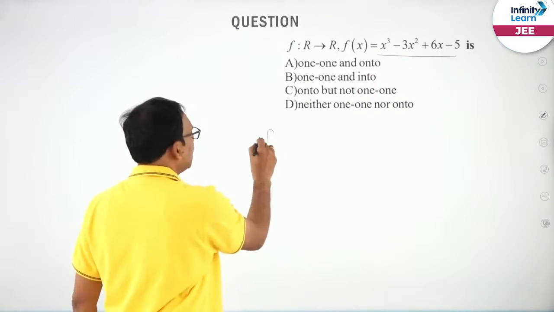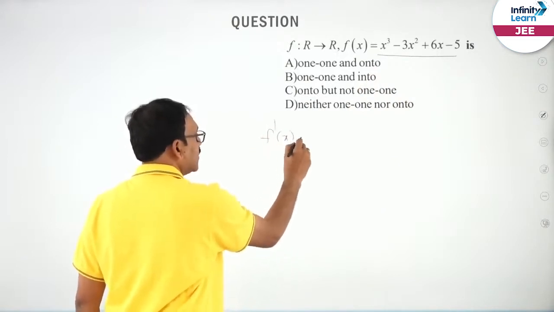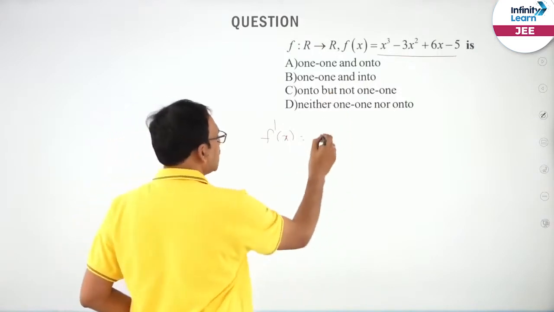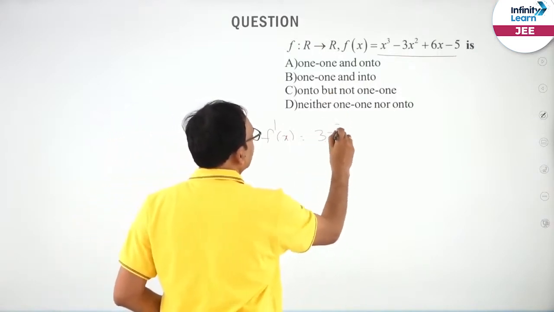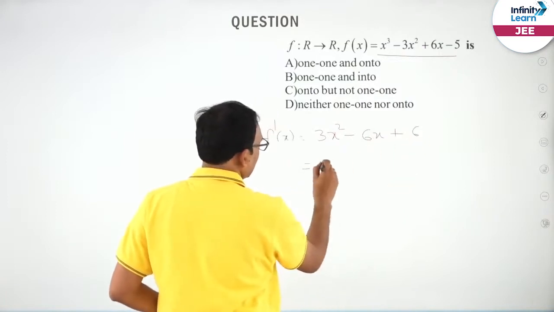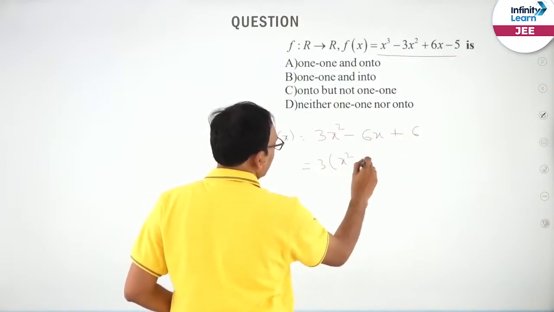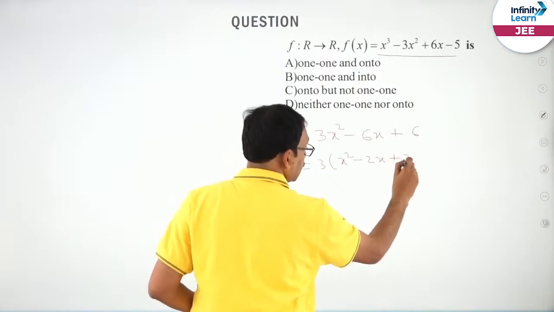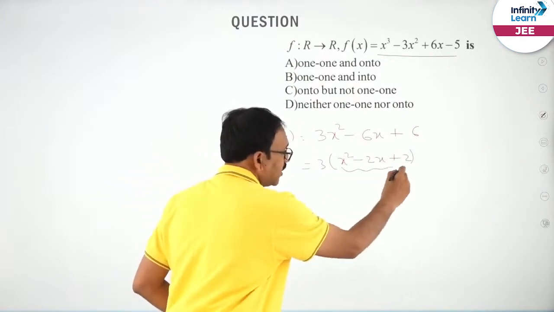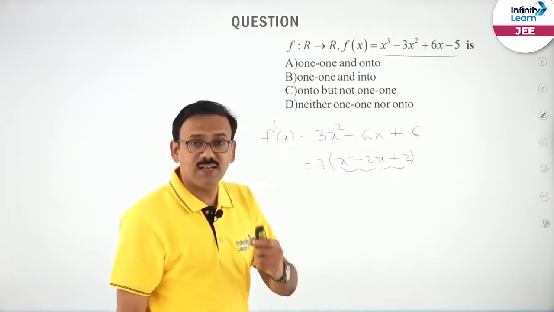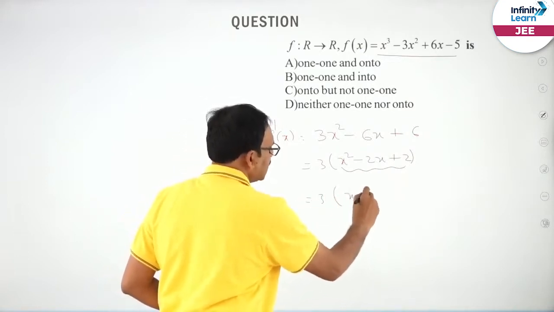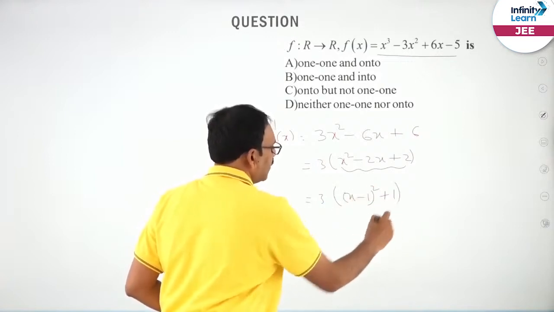First thing, you take the derivative of f of x, which is required even to draw the graph. You see friends, its derivative is 3x square minus 6x plus 6, you can take 3 common, x square minus 2x plus 2. I think you know this quadratic expression is one whose delta is negative, because you can write x minus 1 whole square plus 1.